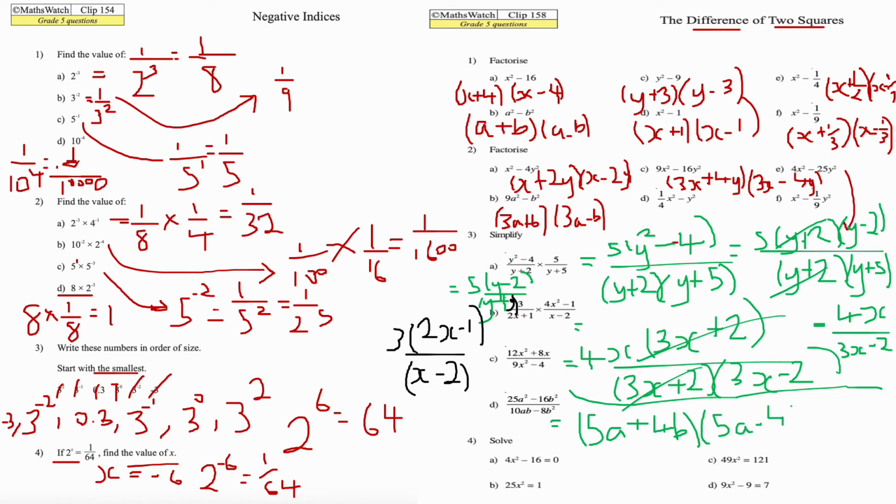The denominator factorizes into 2b brackets 5a minus 4b, which means that I'm going to cancel 5a minus 4b, so my final answer for question 3D is 5a plus 4b all divided by 2b. For that one.